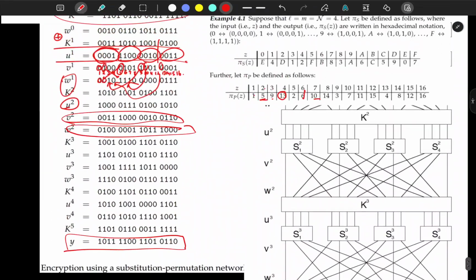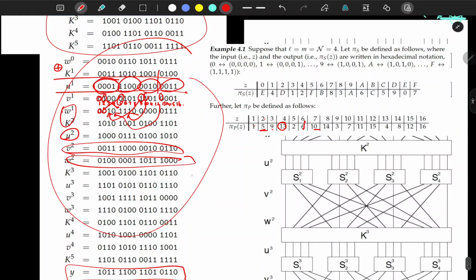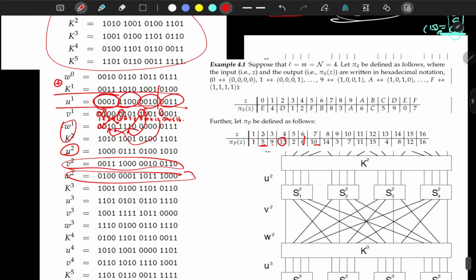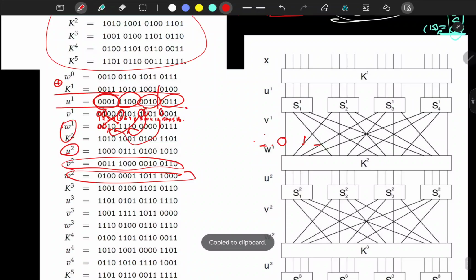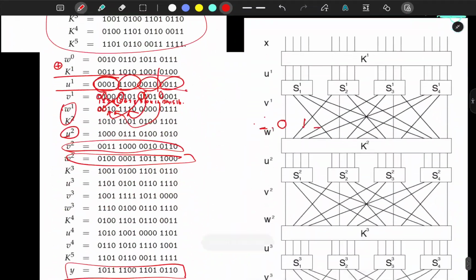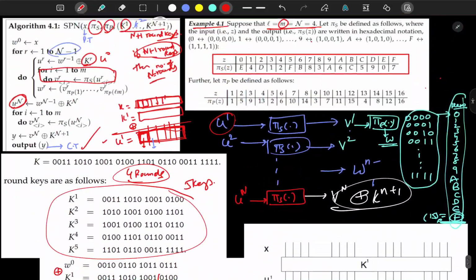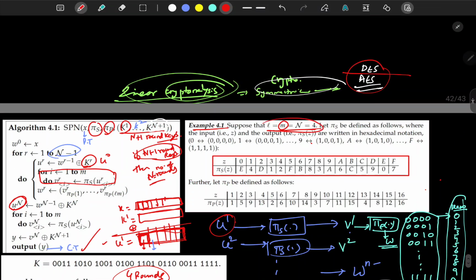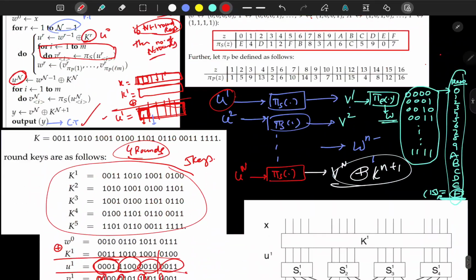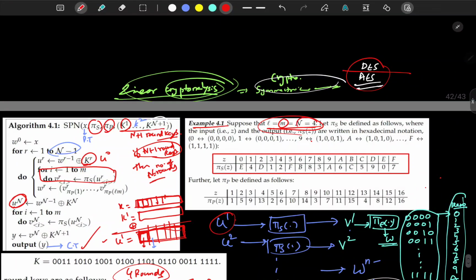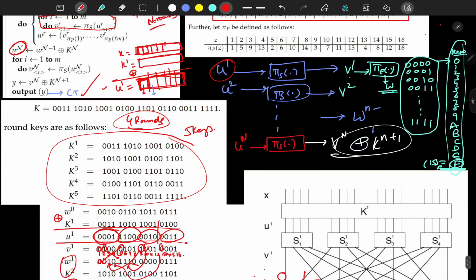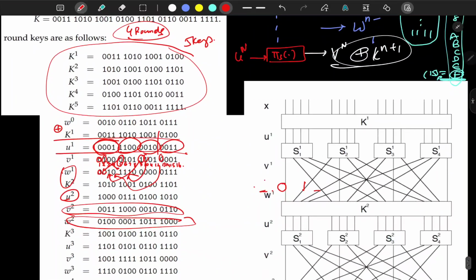Whatever we have written here, we are keeping as a good looking picture. In this picture, in our example, we have to take 4 blocks, each block having length 4 bits, and the number of rounds n is 4, so there will be 5 round keys.